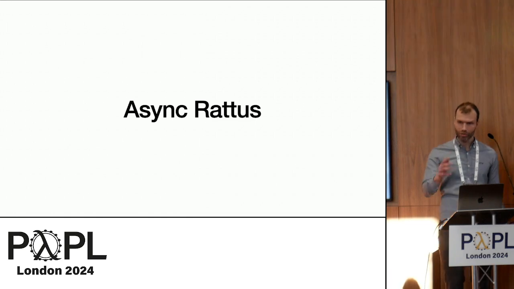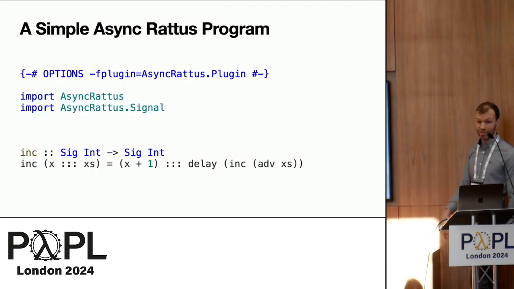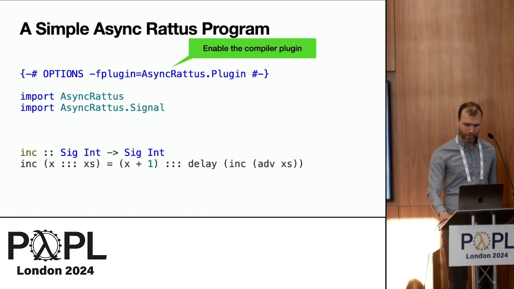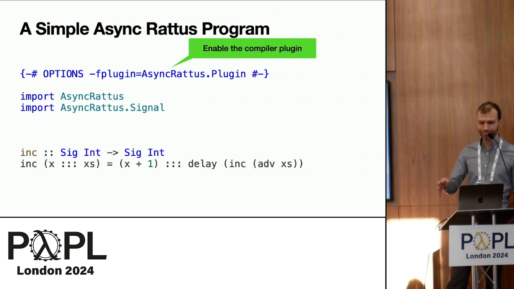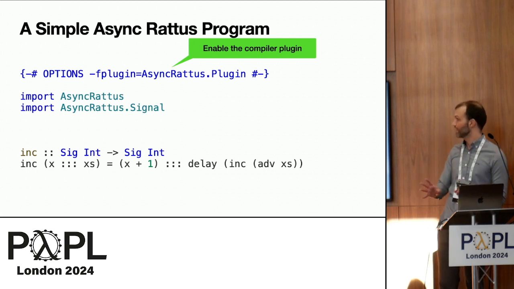Okay, let me show how the language works. Here is a very simple example of the increment function written in Async Rattus. This is just a normal Haskell file, .hs, and the only thing you have to be careful about is that you have this magic incantation at the beginning that enables the compiler plugin. So now everything in this module is Async Rattus.